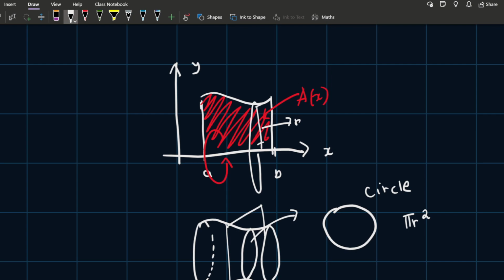So yung radius niya is how high it is from the x-axis at yun actually yung y-coordinate nung point na yun. So ibig sabihin yung radius ng bawat circle dito can be described as f of x.